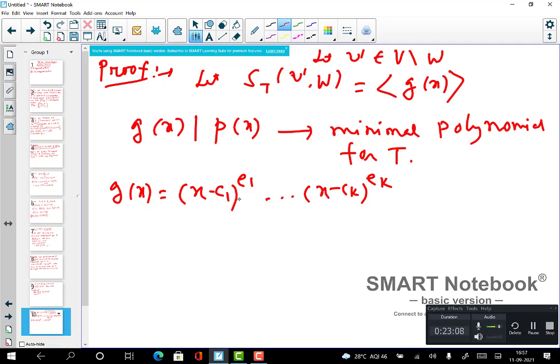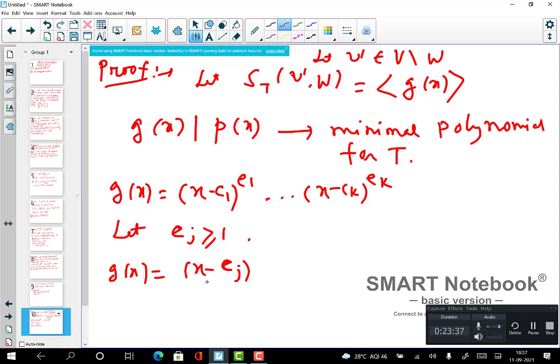That means at least one of the exponents is non-zero. So let you choose e_j greater than or equal to 1. Then you can write g(x) as (x minus c_j) to the power e_j.